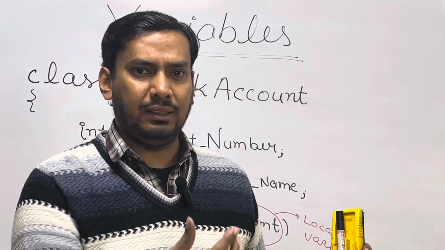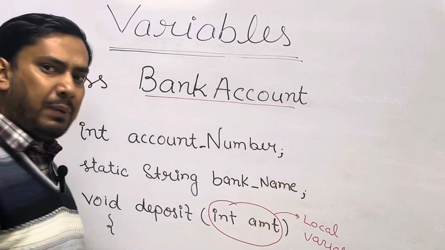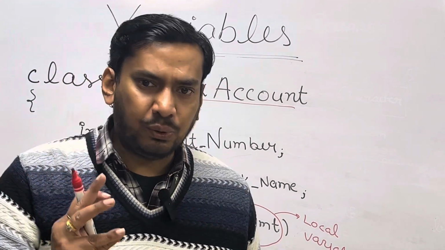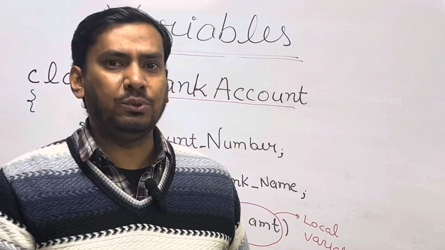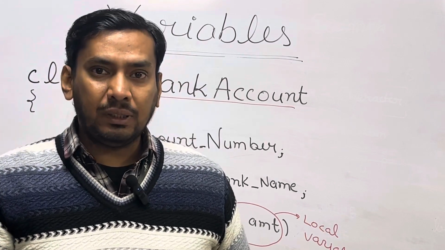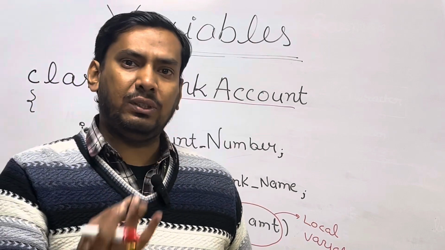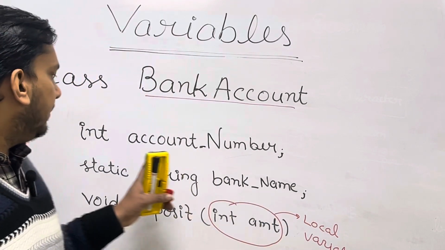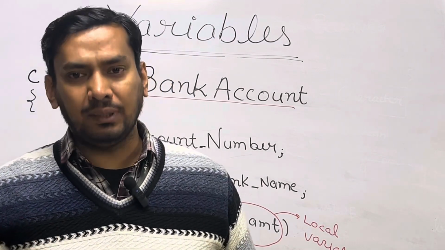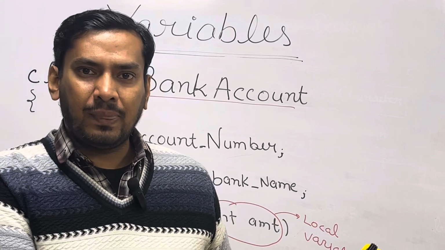For example, a real life example, if I talk about the bank account, every bank account has its own features, like account holder name, it means account holder name should be an instance variable. Account number, every account has a separate account number, it means account number is also an instance variable. Account balance, balance is also an instance variable because every account has its own balance, right.